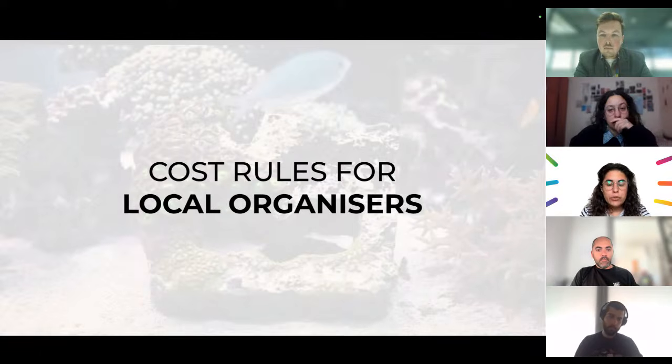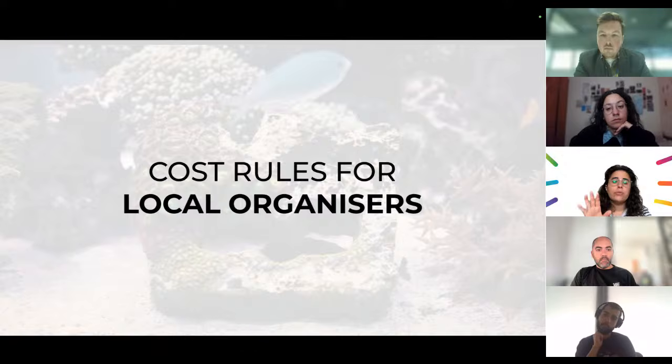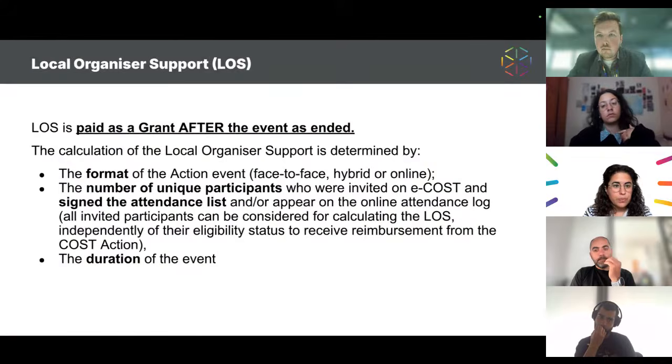As for the rules, I'm just going to go through these rules for the local organizers very quickly. These rules are available in the annotated rules. The local organizer support is paid as a grant only after the event has ended. The amount of the grant depends on the format.